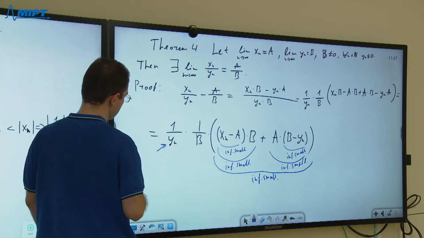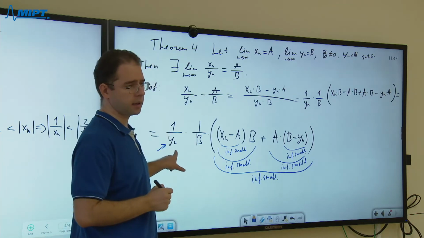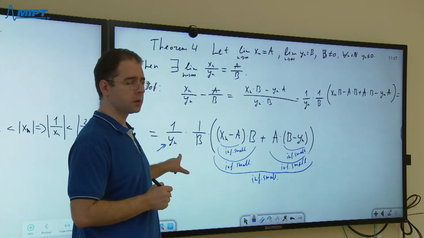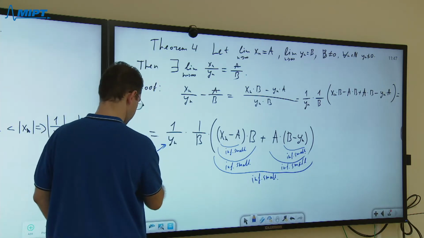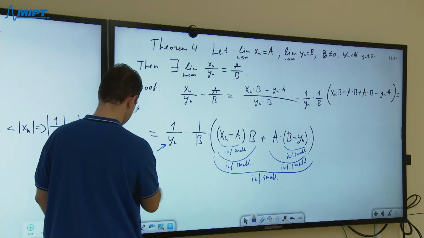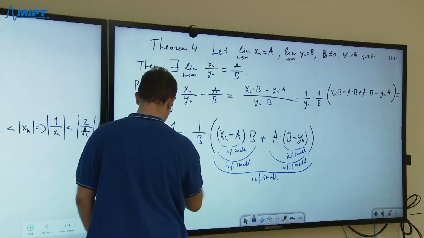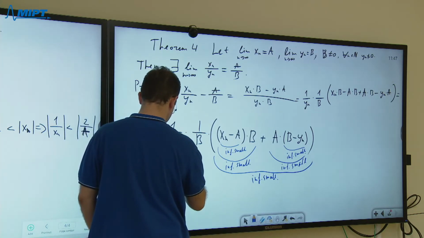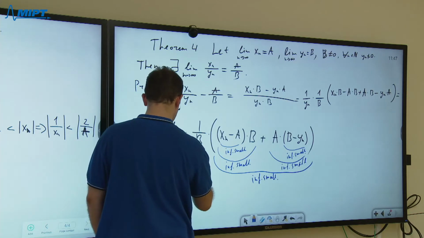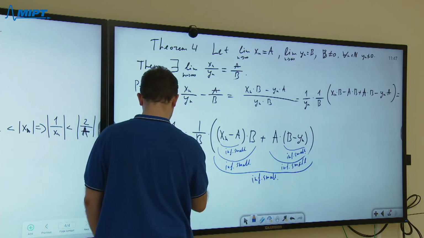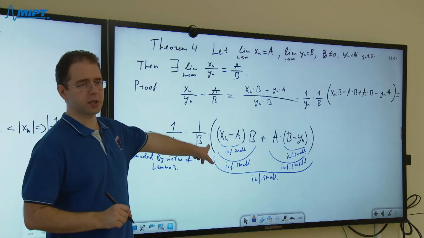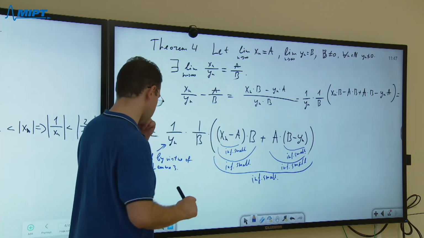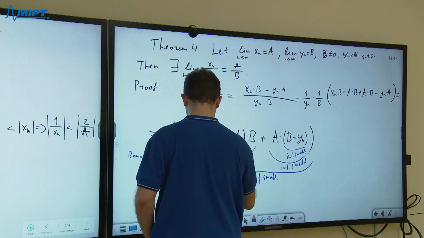This sequence, 1 over yn, is bounded by virtue of Lemma Three. Let me write it down. And 1 over b is just a constant, also a bounded sequence.